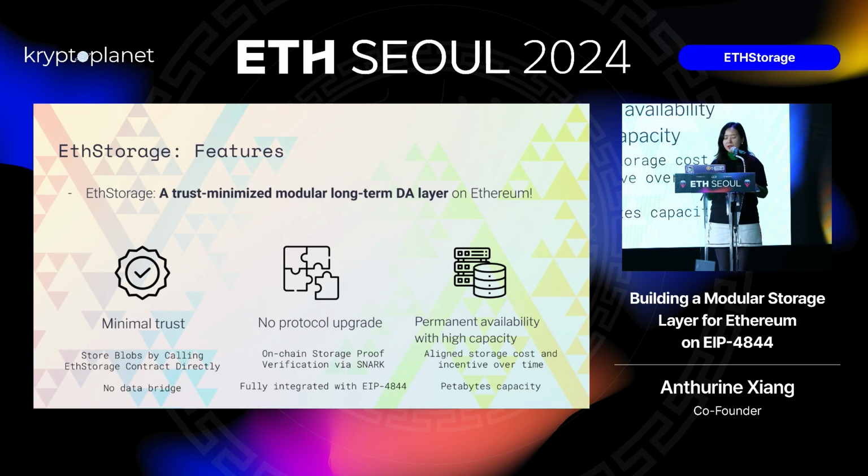Because we are modular, we can be integrated into the Ethereum Virtual Machine system very easily. That means there are no protocol upgrades needed. And the third one is we can provide permanent availability for the data. So there's no need to worry that the data will be discarded after certain days. And also the storage capacity will reach petabyte level, like PB level.